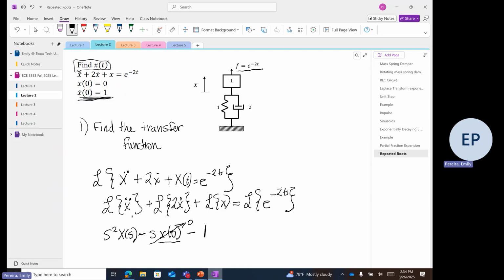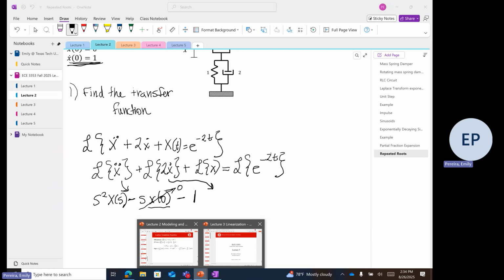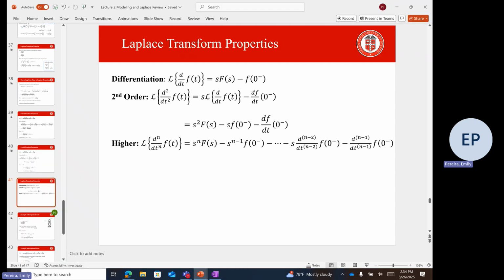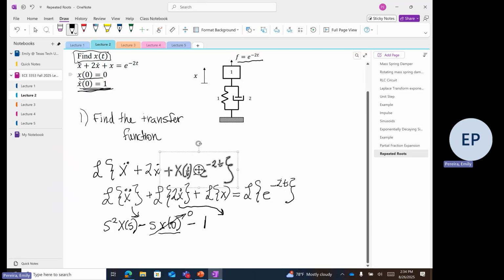Okay, so all we did so far is the Laplace transform of the second derivative. Now we're going to take the Laplace transform of the first derivative. So if we go back, our first derivative is s times our function x minus any initial conditions. So again, this initial condition is 0, so it's going to be plus 2 times s times x of s.